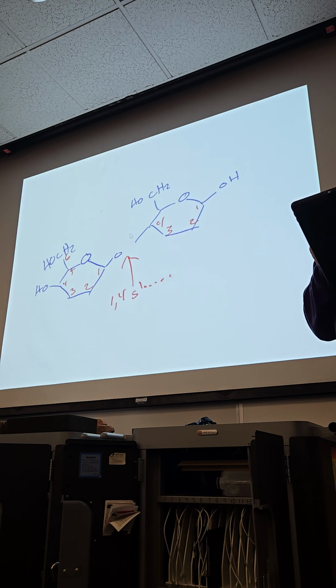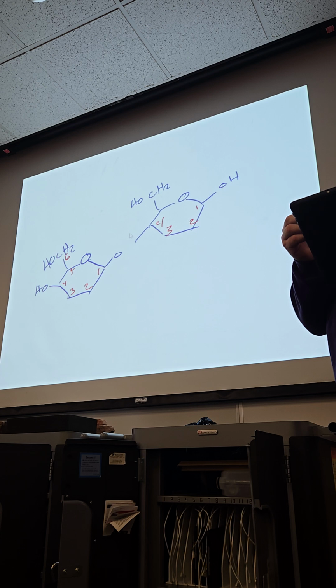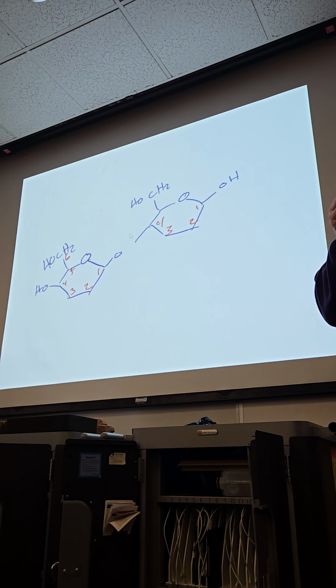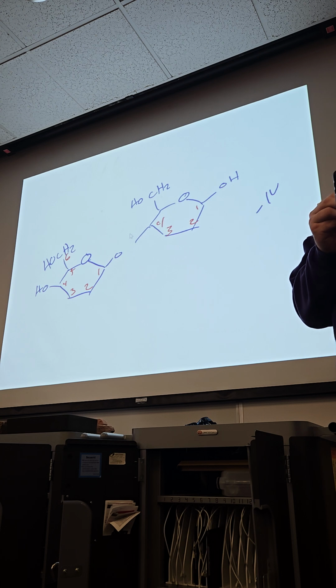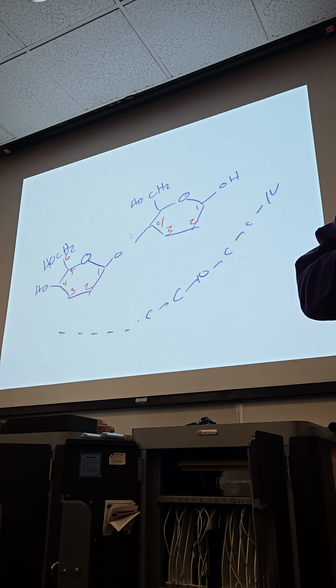If I want to break this bond, I need to have an enzyme. And so in that enzyme, I'm going to have my primary structure, N, C, C, N, C, C, and so forth, okay? And so like that would be the O's. And then there might be another polypeptide chain that's running this way.